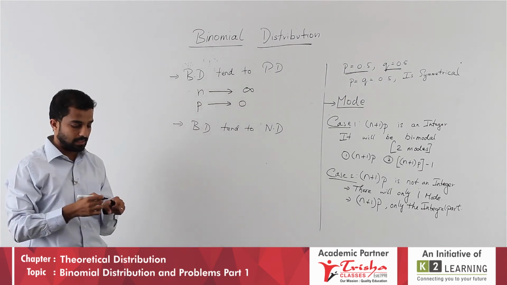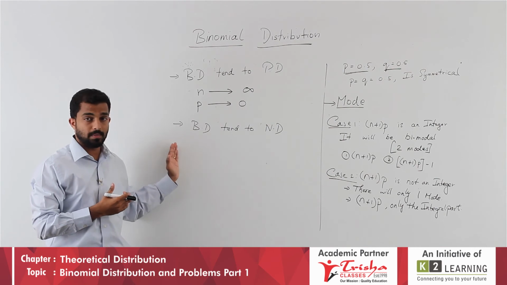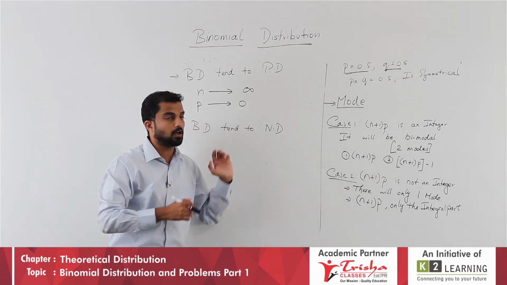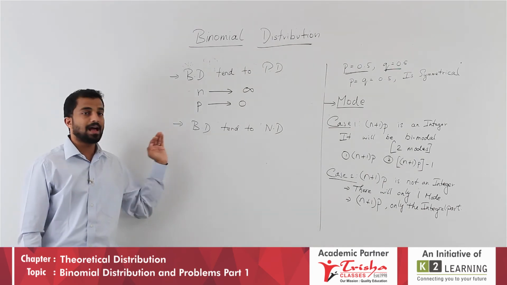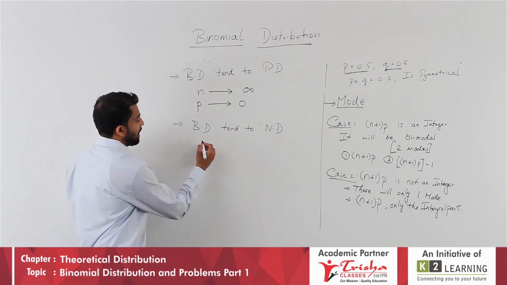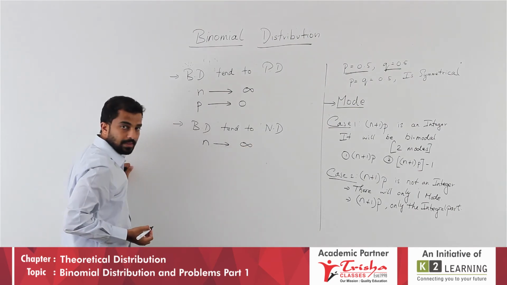In the same way, there is a chance that binomial distribution might as well tend to normal distribution. We will see about this. We are talking about a discrete distribution, binomial, tending towards a continuous distribution which is normal. Well, when does this happen? This also happens in two cases. First case is that n definitely has to tend towards infinity.